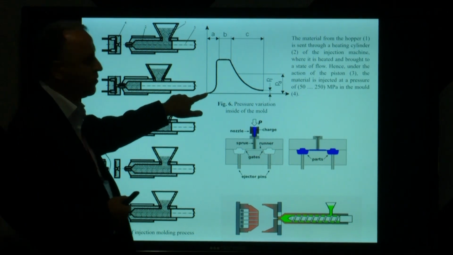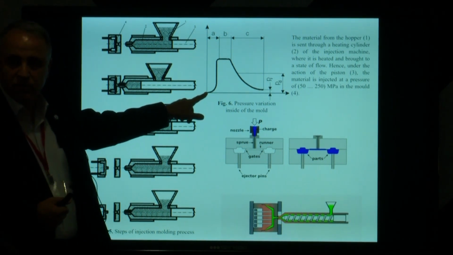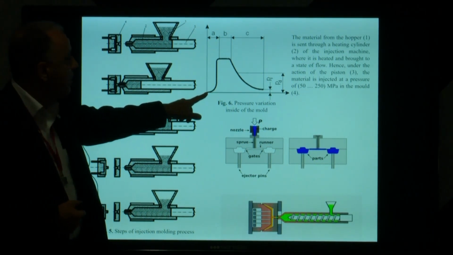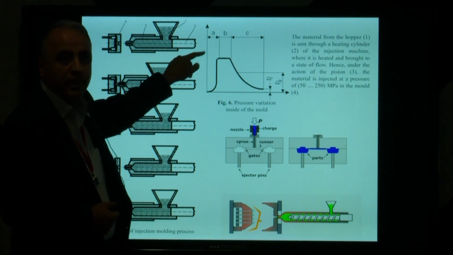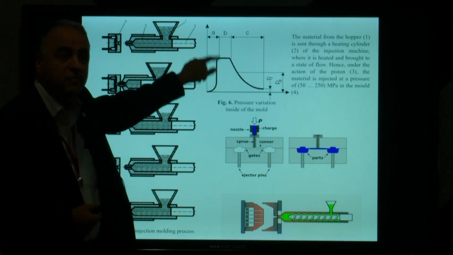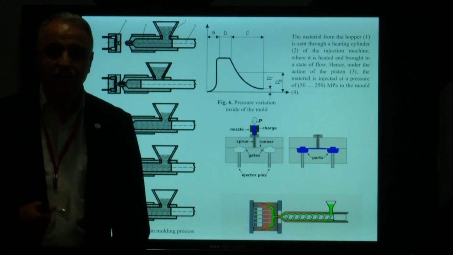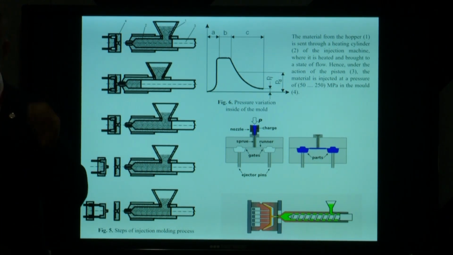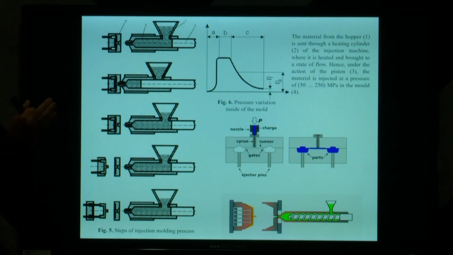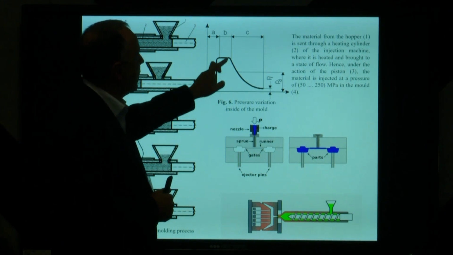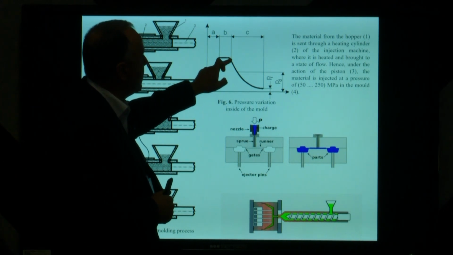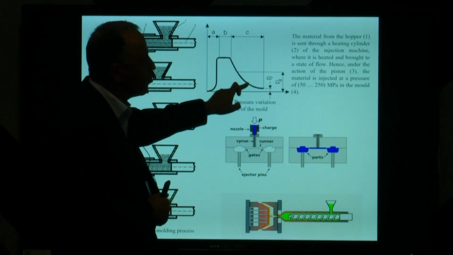So we start from zero for the pressure. Afterwards, the pressure reaches the maximum value, and now we need a pressure holding time. We need a period for the pressure holding time for the compact structure, and afterwards, at this point, we start the cooling time.